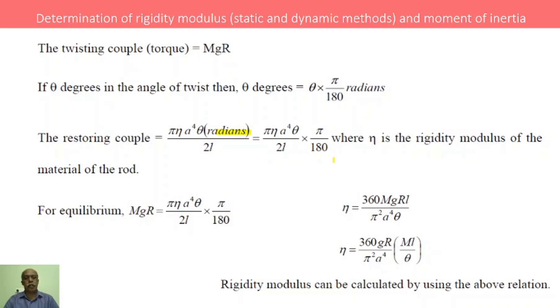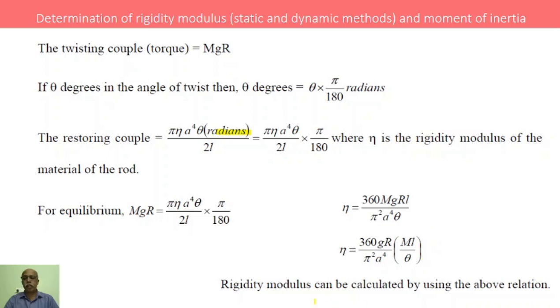For the system to be in equilibrium, the twisting couple balances the restoring couple. That is, mgR is equal to pi eta a power 4 theta by 2L into pi by 180. Rearranging the terms, we get the expression for rigidity modulus: eta equals 360 mgRL by pi square a power 4 theta, or eta is equal to 360 gR by pi square a power 4 into mL by theta.